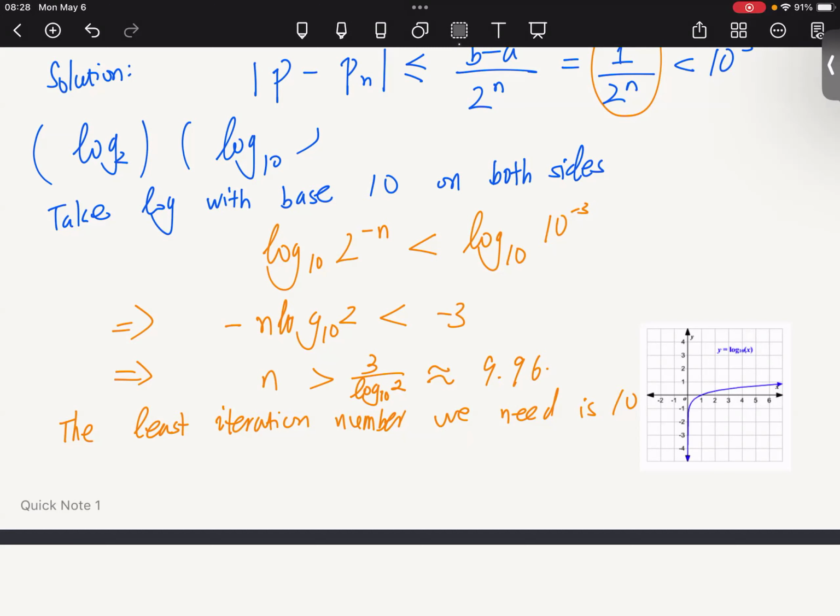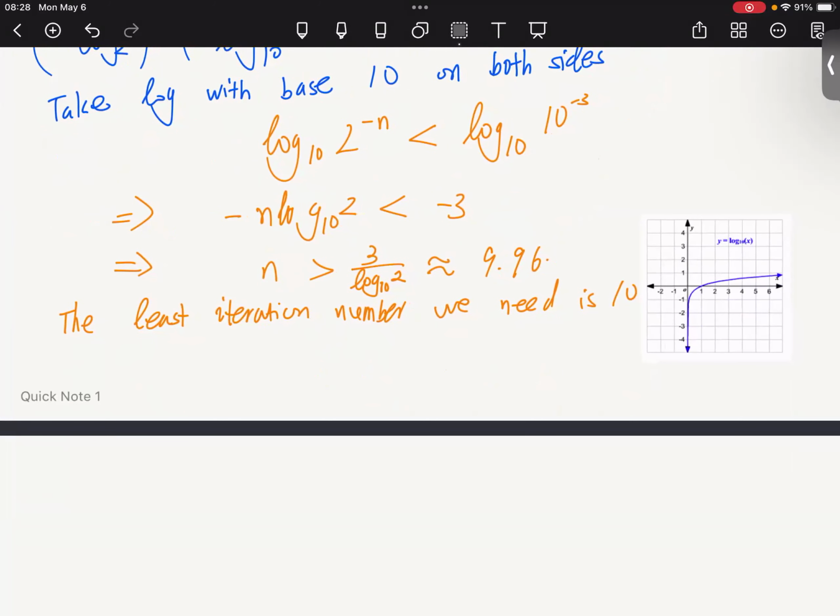In case you cannot understand why we change the sign, it is because it's an increasing function, so we don't change the sign at first, but we divide both sides by the negative logarithm base 10 of 2. This is why we change the sign at the end.